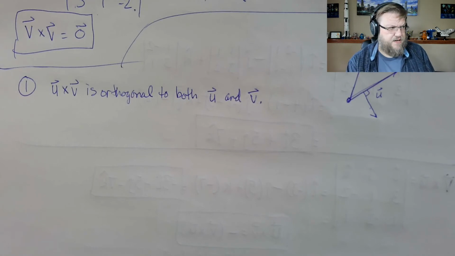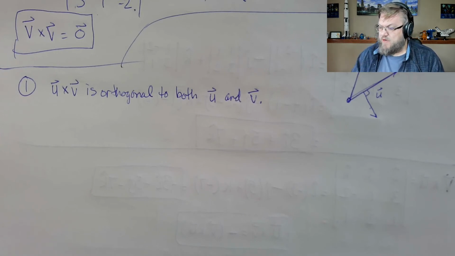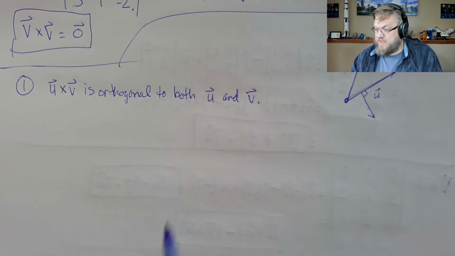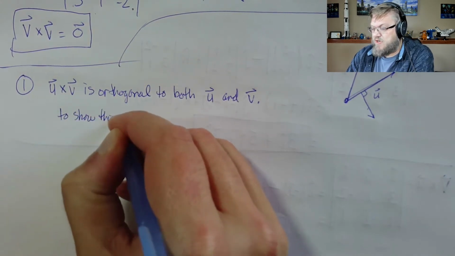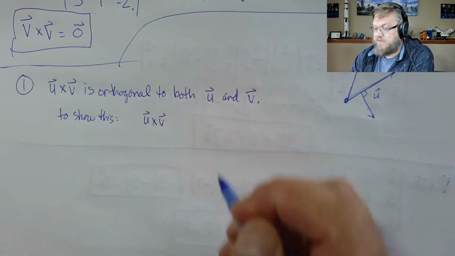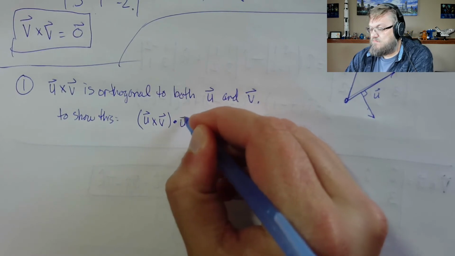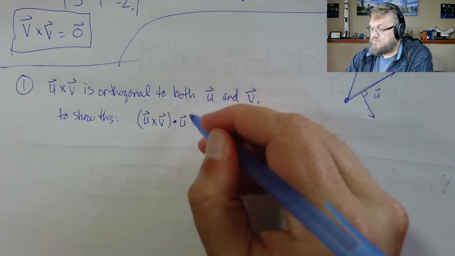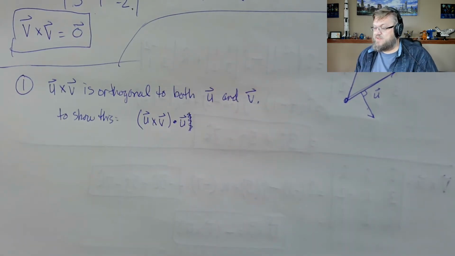If the dot product of two vectors is 0, then they are orthogonal. So one way to demonstrate this, all you would have to do is calculate u cross v for any generic u and v, and then dot it with u.